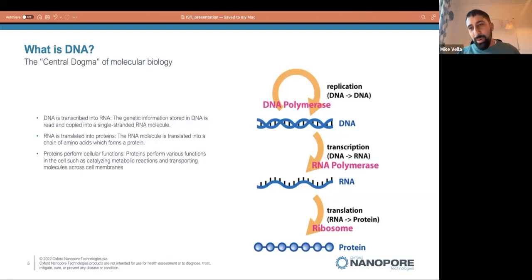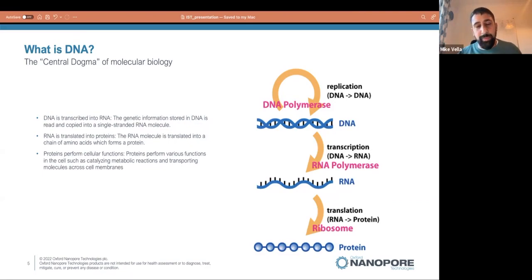Core to understanding DNA and its importance is the central dogma of molecular biology. This is the fundamental belief that all biochemists have, that DNA is transcribed into RNA. So the genetic information stored in DNA is read and copied into a single-stranded RNA molecule. And this RNA molecule is then translated into proteins. So the RNA molecule is translated into a chain of amino acids, which then fold to form a protein. And these proteins form cellular functions.